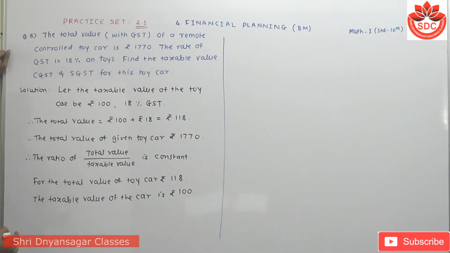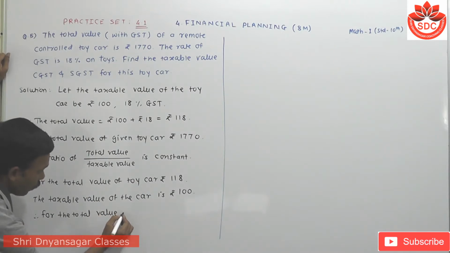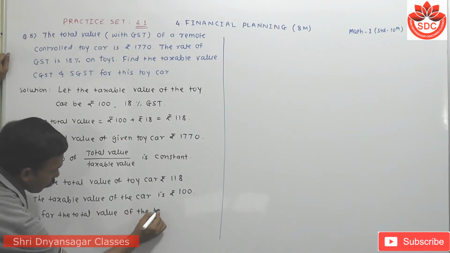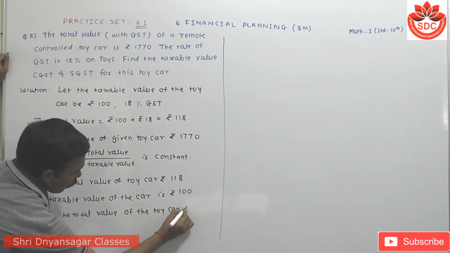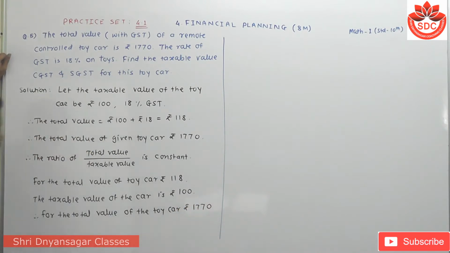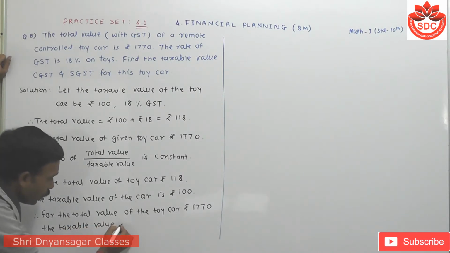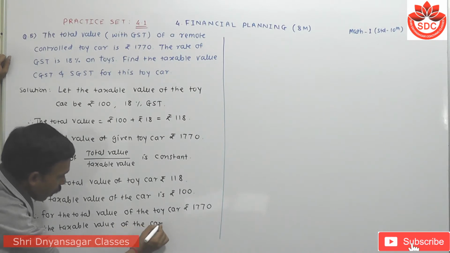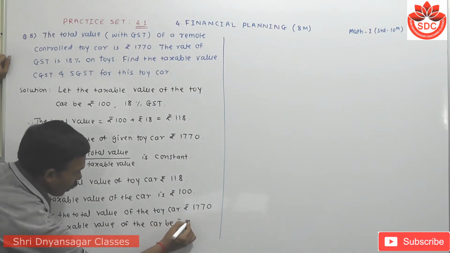So for the total value of the toy car rupees 1770, the taxable value of car B is rupees x.